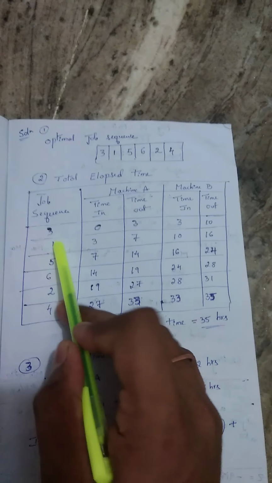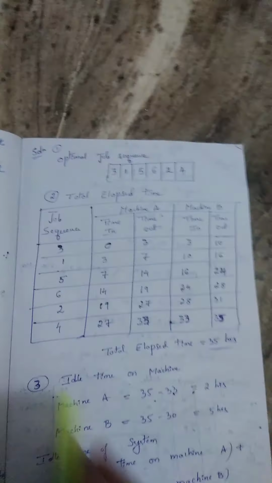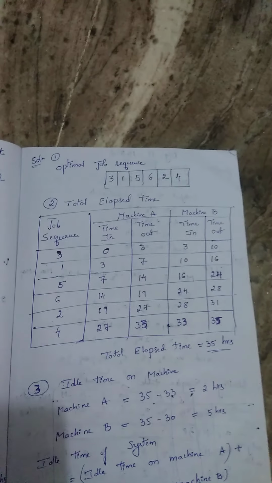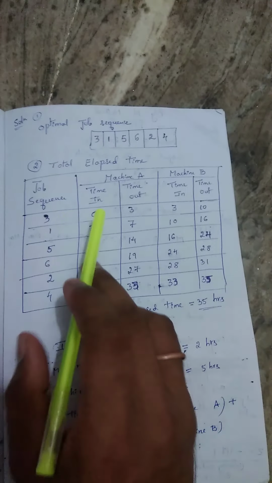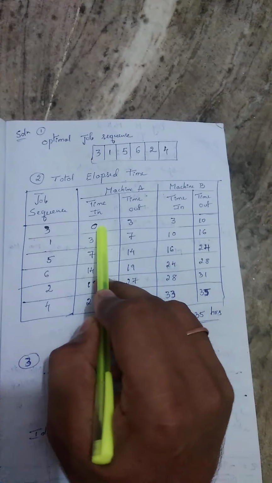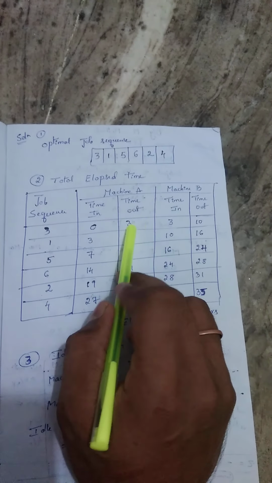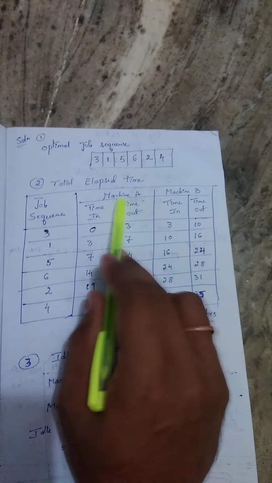Third job, first job, fifth job, sixth job, second job and fourth job. We place these jobs in this order, then the time in and time out values. Time in, the initial job starts with 0.